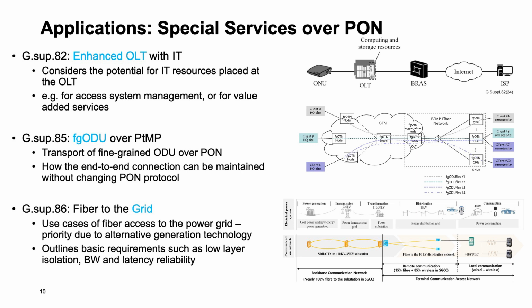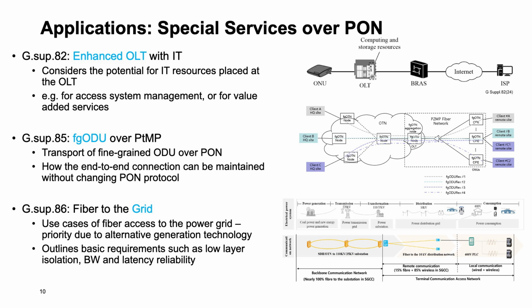Supplement 85, the middle one there, is talking about fine-grain OTN, or carrying ODU traffic over a point-to-multipoint network. OTN is typically a point-to-point system, which is defined in other questions within study group 15. And this is where service providers want to carry old, let's say SDH-type traffic, so very low bit rate, down to something like 10 megs, but in an efficient way.